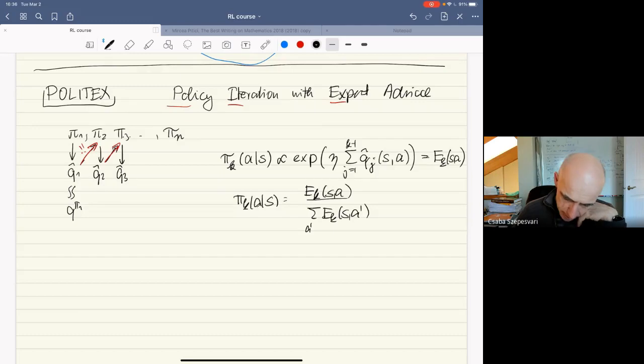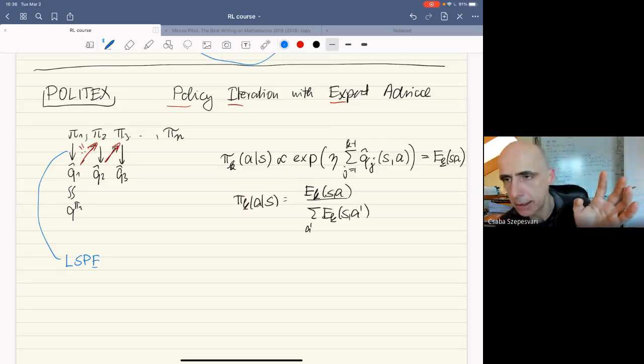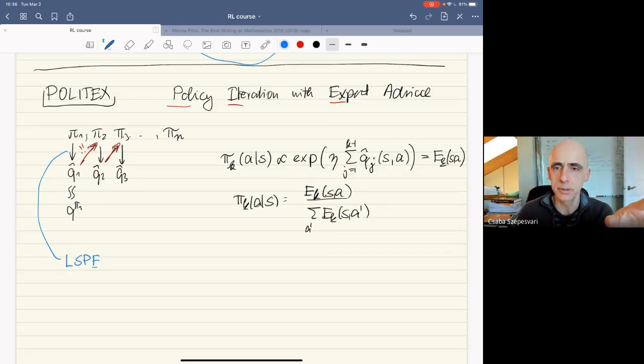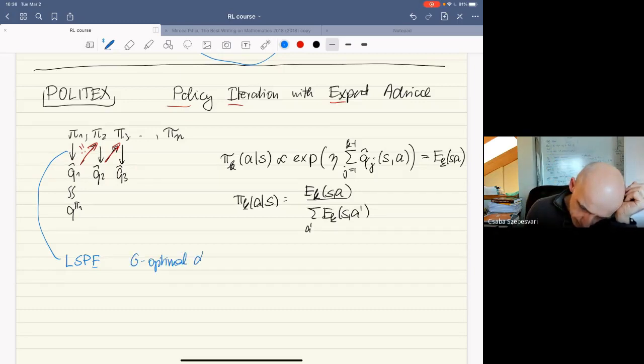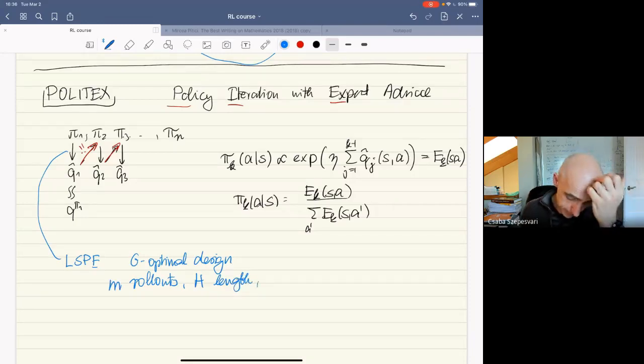And eta is going to be a tuning parameter. And in the policy evaluation step, we just use this least squares policy evaluation that we used in our API routine with the G-optimal design, and rollouts of length H and M rollouts. And then just solve the least squares problem. And that's how you get your action value function.